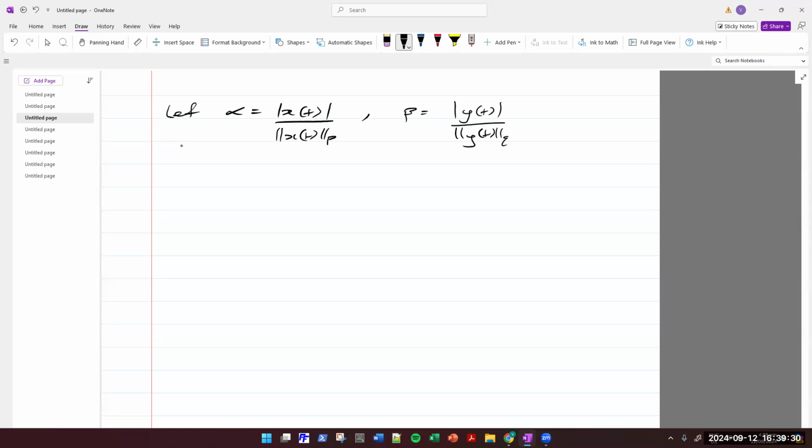So if you just look at these two quantities, it's obvious that both alpha and beta are strictly bigger than zero. And this is exactly what I need for Young's inequality. So apply Young's inequality, which says that alpha beta is less than or equal to alpha to the power of p all over p plus beta to the power of q all over q, right?